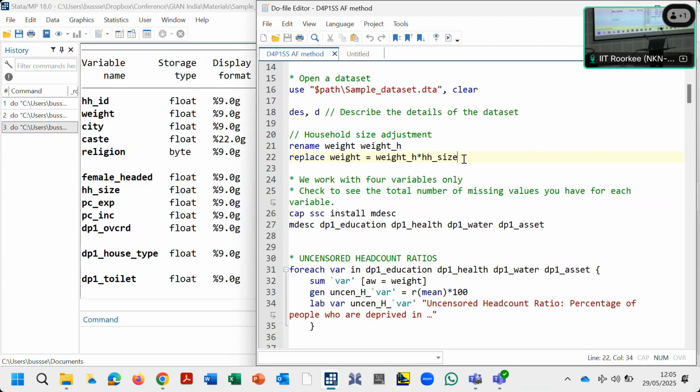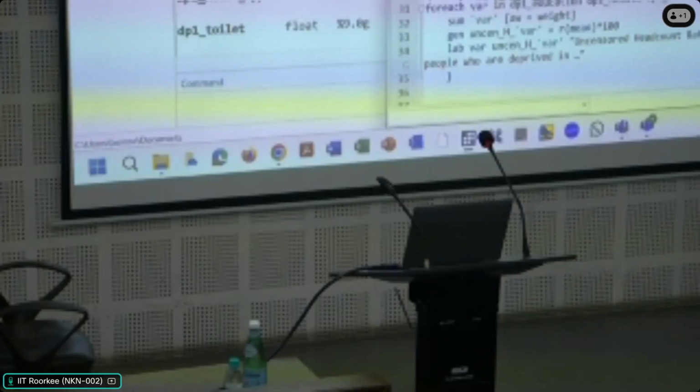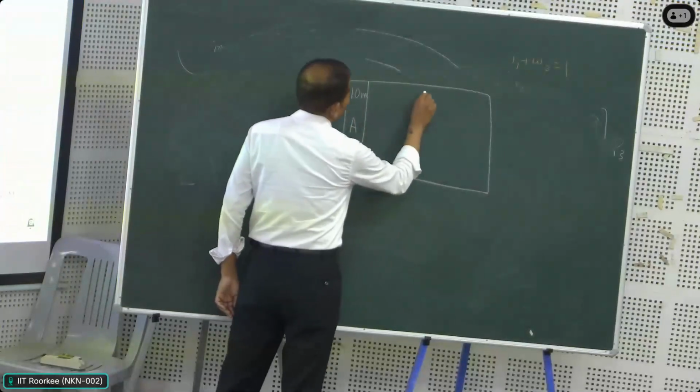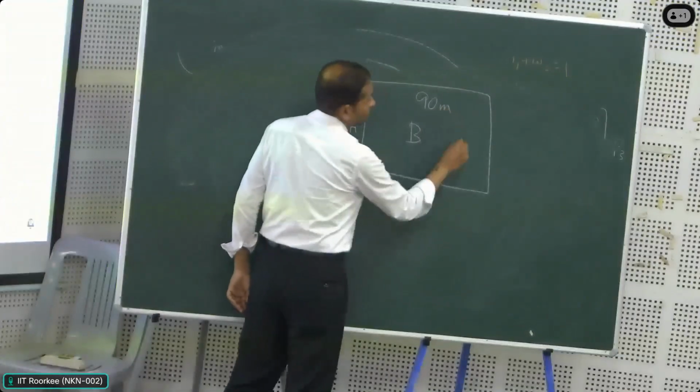Suppose you have this big region. This is your country. Suppose this is region A and this is region B. Your population here is 10 million. Your population here is 90 million.